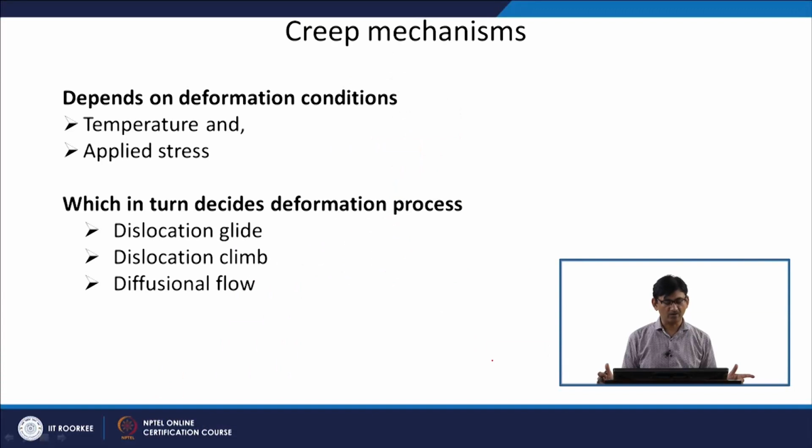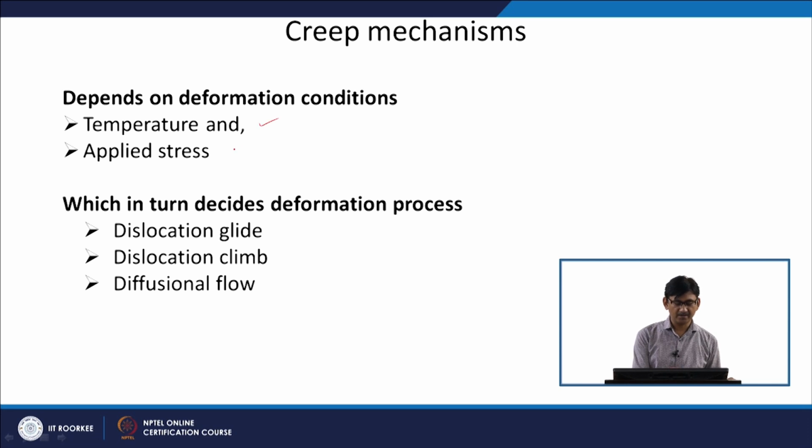Now, the creep mechanisms depend on deformation conditions. Temperature and applied stress, these two we have already seen increase the creep rate, and they also in turn decide what the deformation process will be.